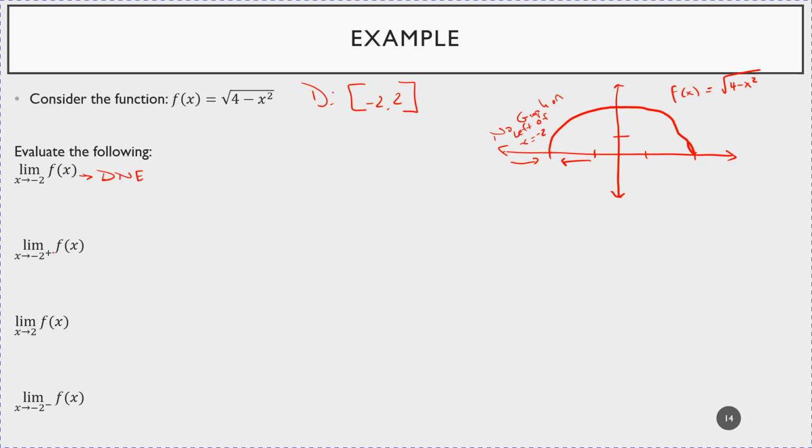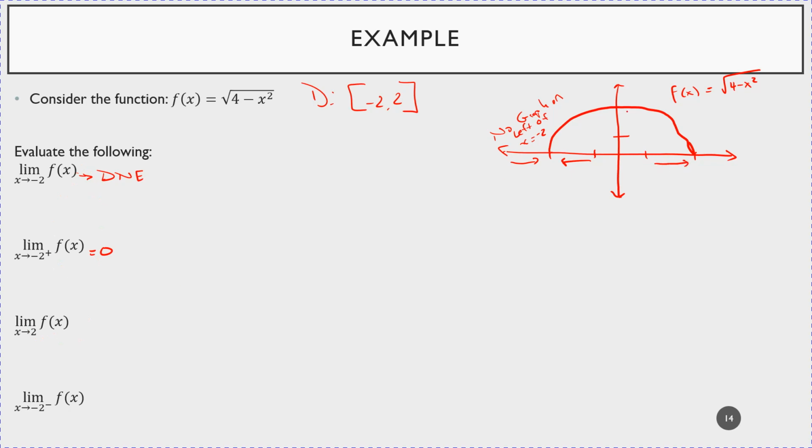But if you look at just the one-sided limit, the limit as x goes to -2 from above, you're only considering this one side, and you can see the graph is going to 0. So this is a case where the one-sided limit exists, but the general limit does not. And it's the same thing as x goes to 2.